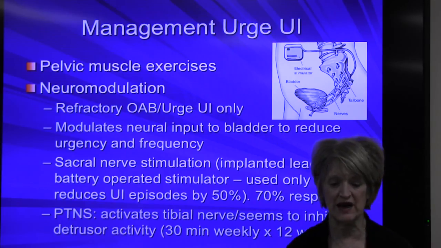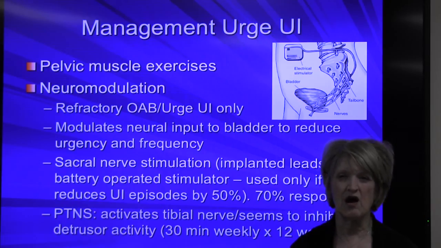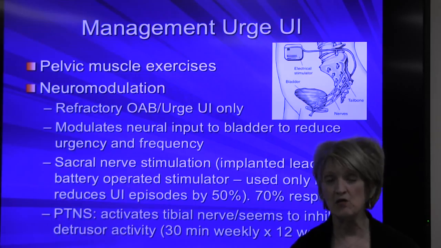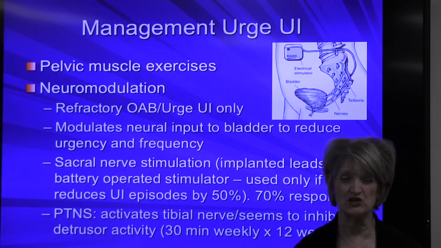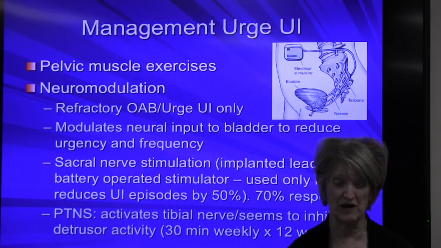The issue is that it requires repetitive treatment, so typically 30 minutes a week for 12 weeks, and then you have to repeat the therapy at intervals. Also, we don't have as much data on effectiveness. Some suggest about a 55% response rate. So we need more data on both of these, but I just want you to know that neuromodulation is an option for the patient with refractory OAB.